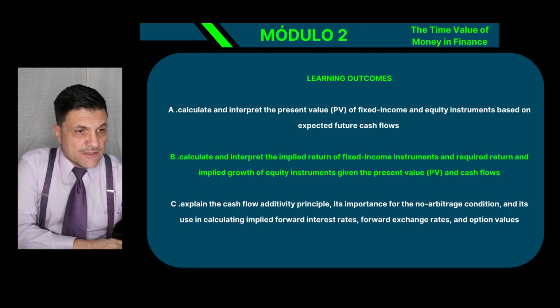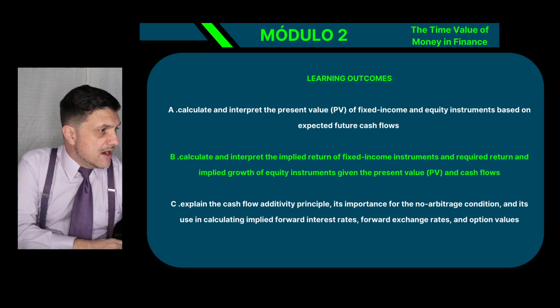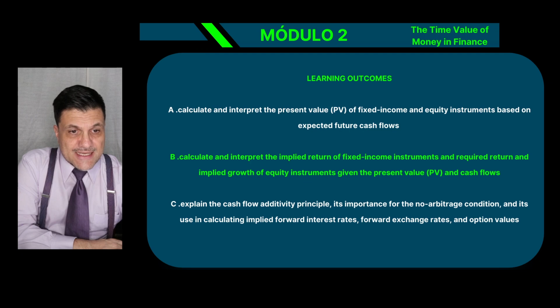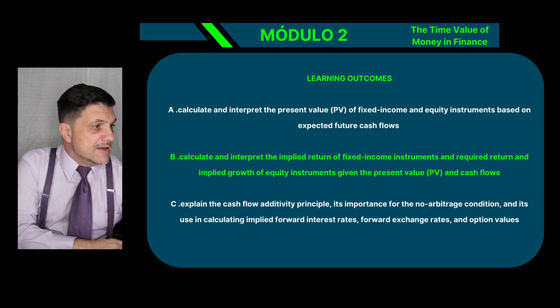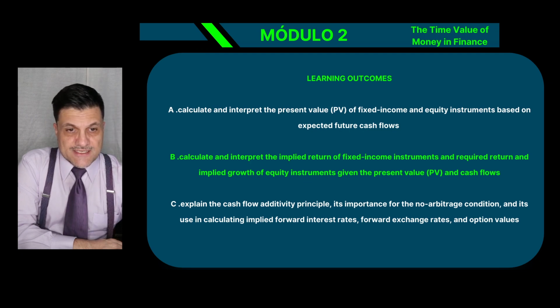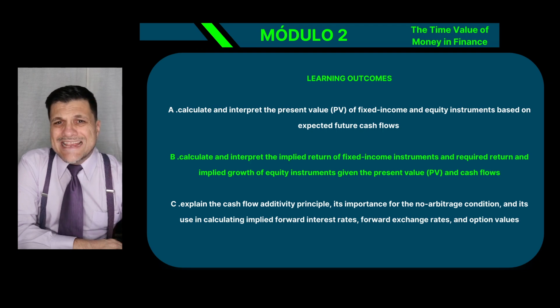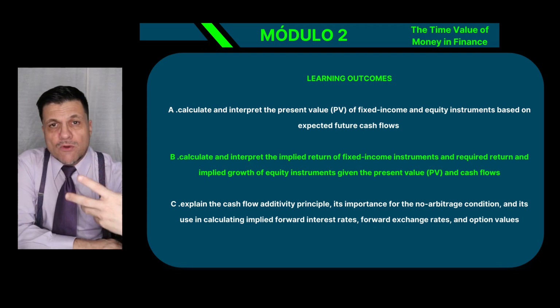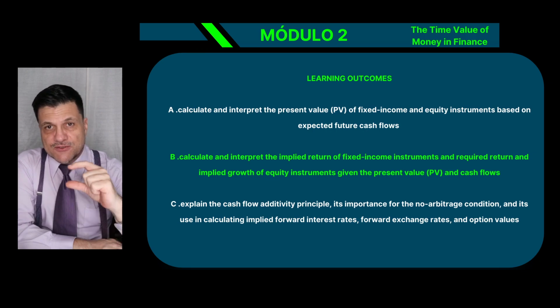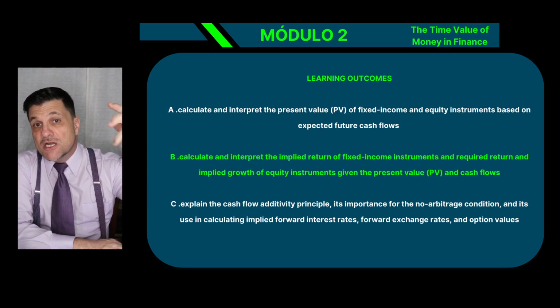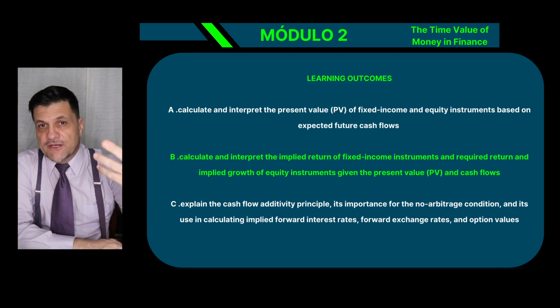All right, friends. So second, calculate and interpret the return or the implied return on fixed income and the growth of equity. So what is the implied growth? Well, look, this instrument is growing this much every year or every period.